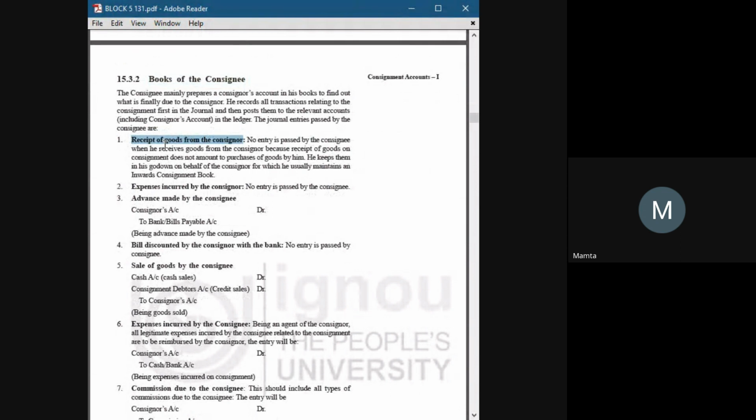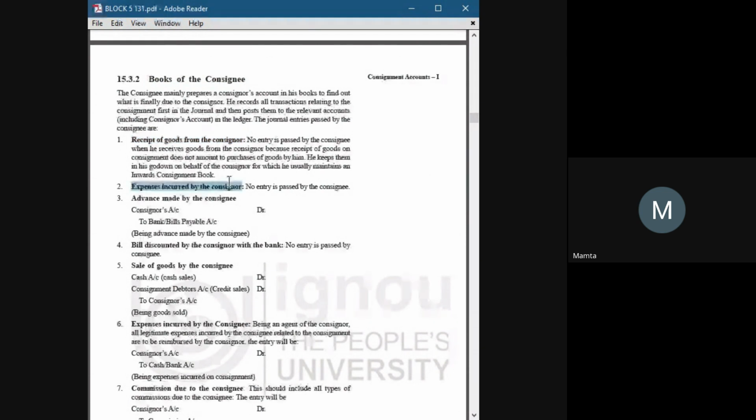Whenever the consignee receives the goods from the consignor on consignment, no entry will be passed in the consignee's books of account, and the same applies to the expenses incurred by the consignor.